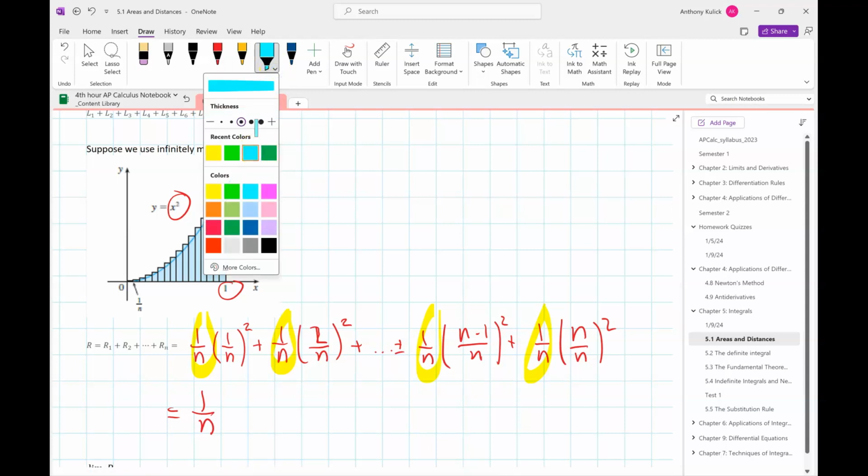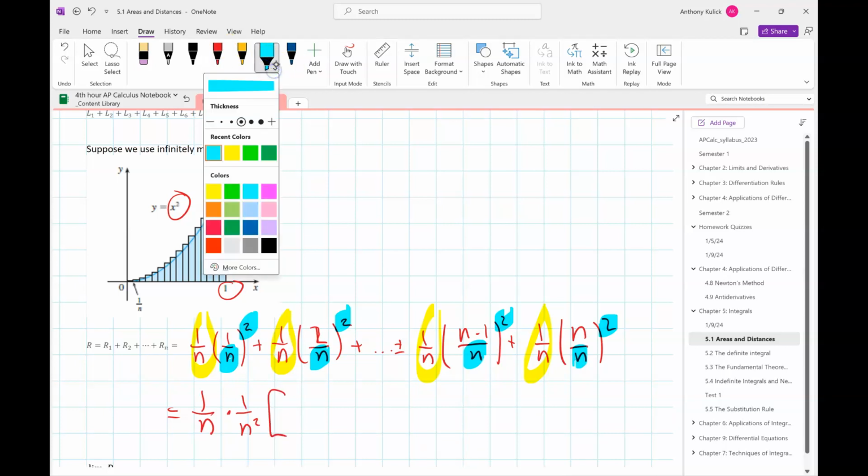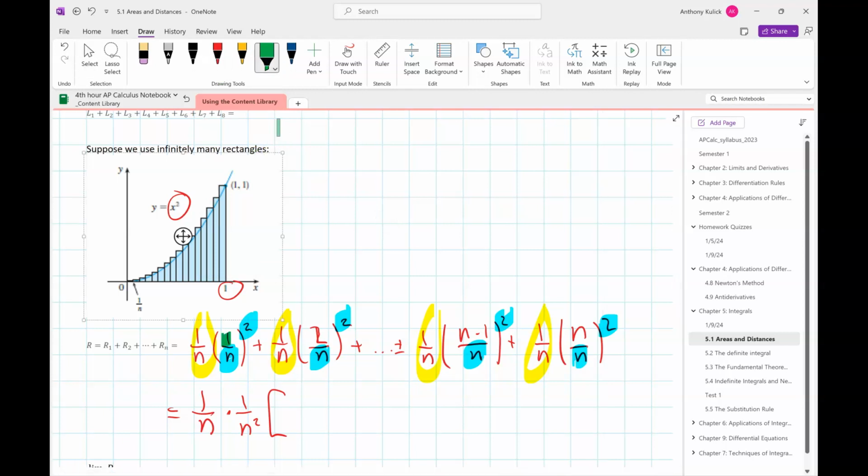And each of these terms has another factor of 1 over n squared. So I'll pull that out front. And what that leaves me with then is 1 squared plus 2 squared plus yada, yada, yada, n minus 1 squared plus n squared.